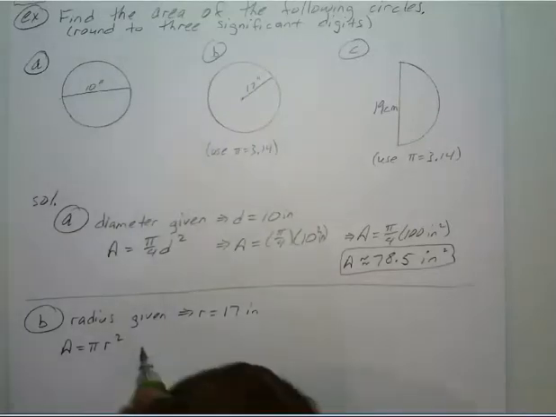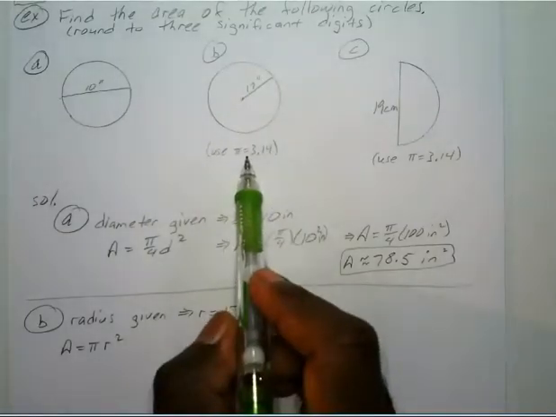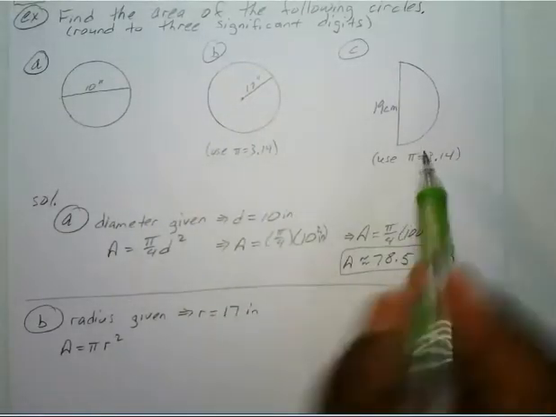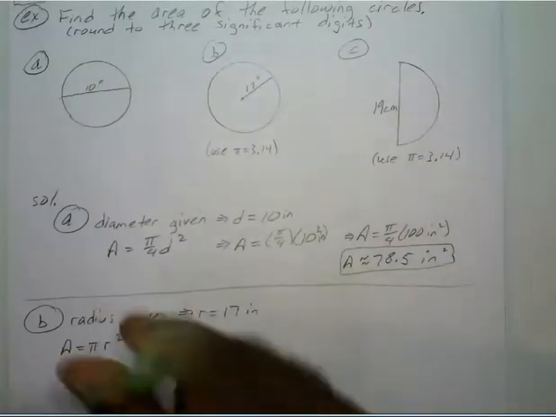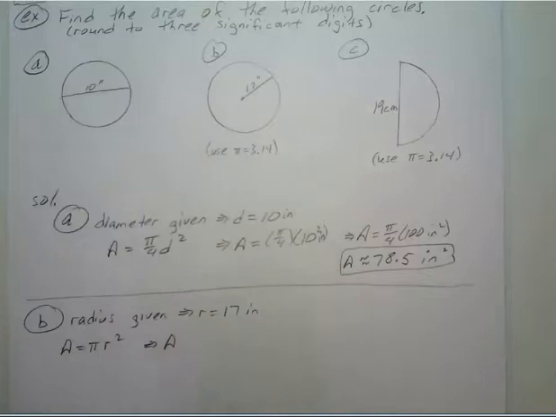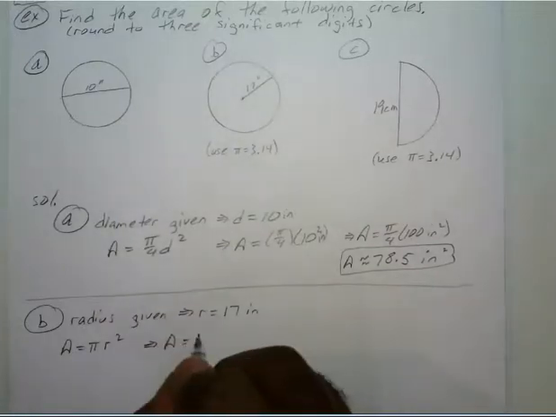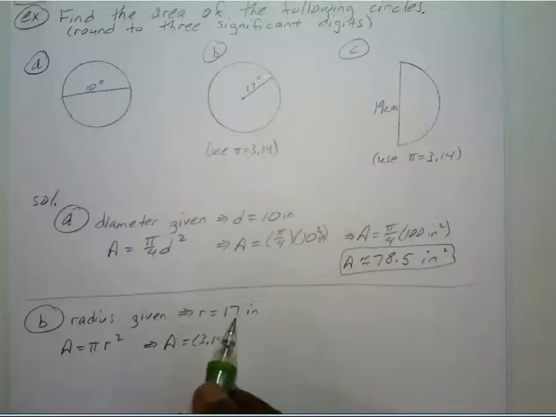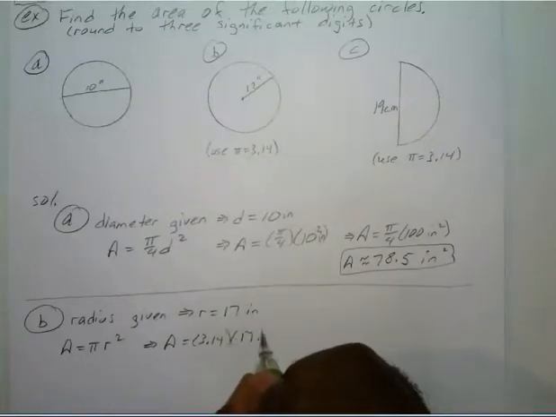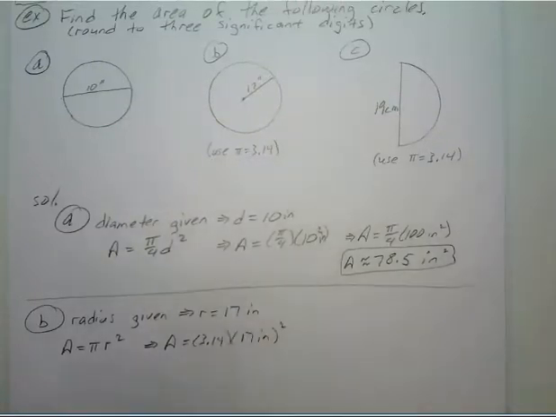Okay. So we already know we're going to use 3.14 for pi for this one and for C. So we know that the area is going to equal 3.14 times the radius squared, which is 17 inches squared. Okay.